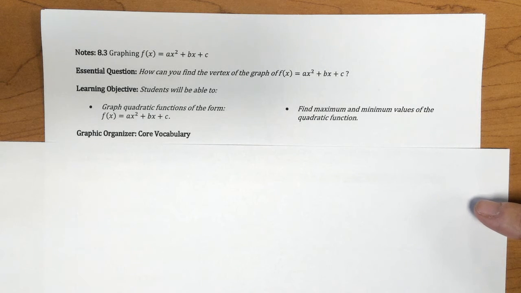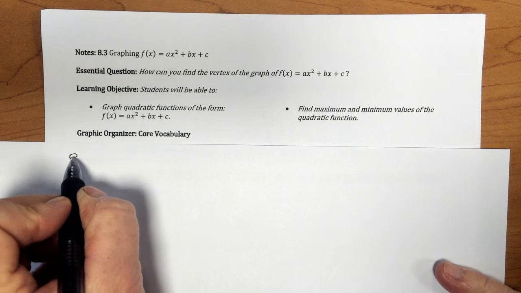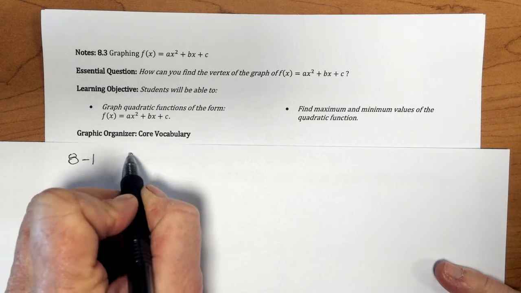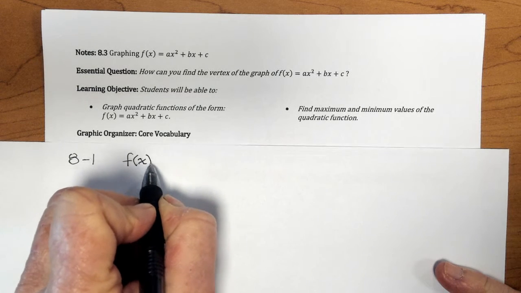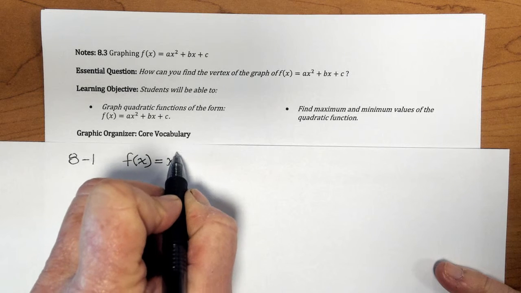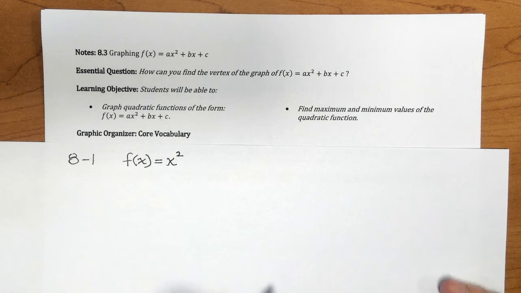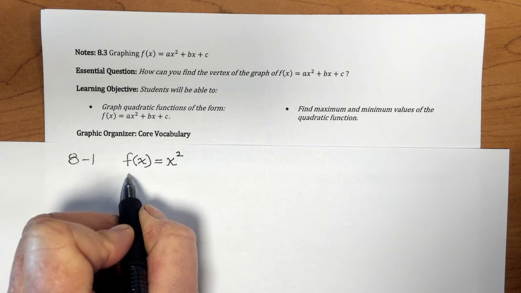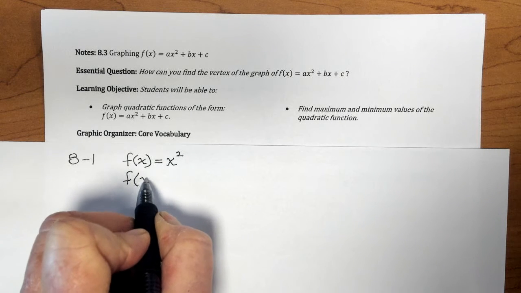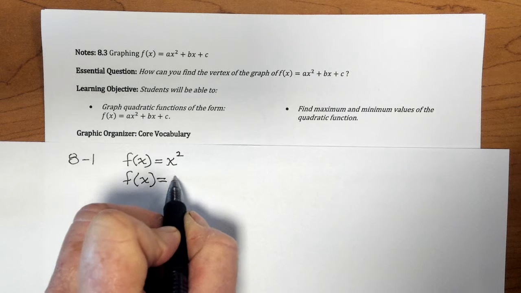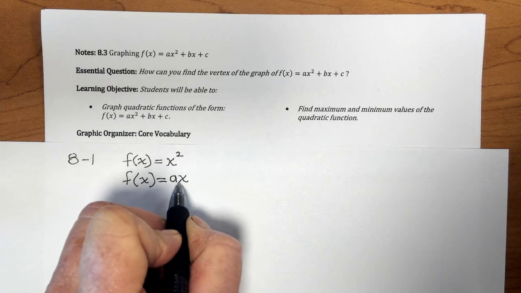So lesson 8-3 is on graphing f of x is equal to ax squared plus bx plus c. I want to remind you that in lesson 8-1, we learned about the parent function of f of x being equal to x squared. In addition to that, we also learned about what happens when I have a coefficient a in front of the x squared.